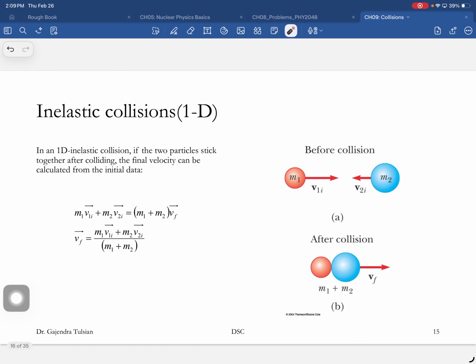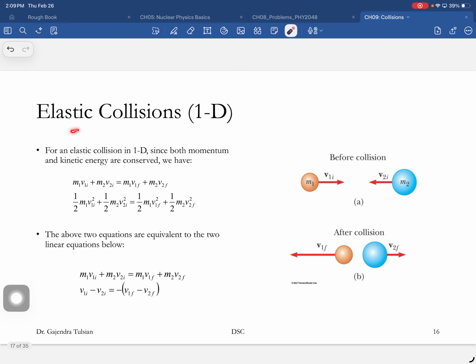So that was an inelastic collision. What is an inelastic collision? Kinetic energy is not conserved. Now let's do an elastic collision in one dimension where kinetic energy is conserved. So here is initial momentum. This says mass of object 1, velocity of object 1 before the collision, mass of object 2, velocity of object 2 before the collision.